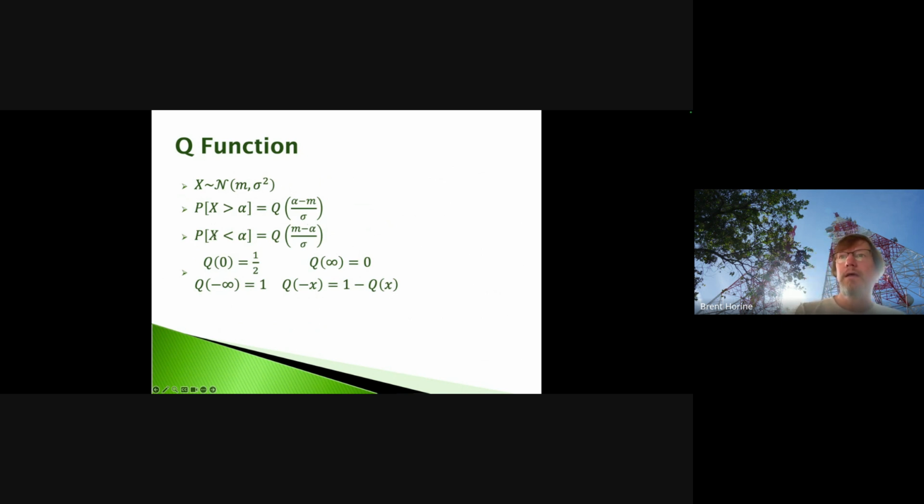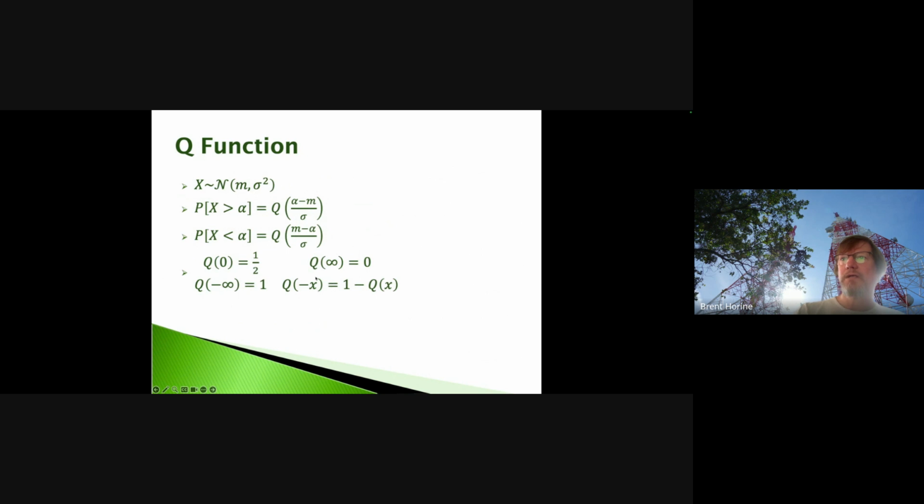Conversely, the probability of x being less than some value is equal to Q, where we just swap the numerator around, basically negating it.